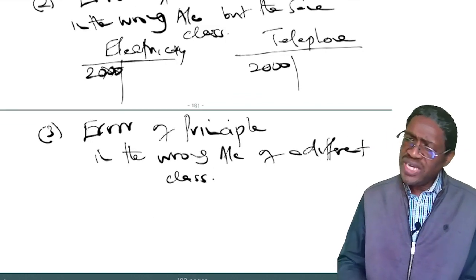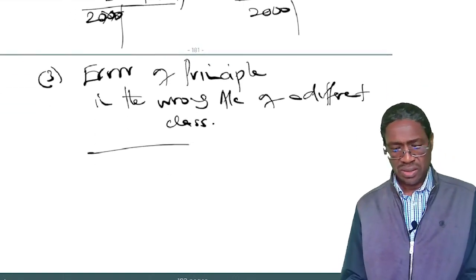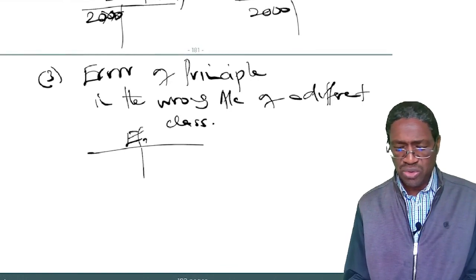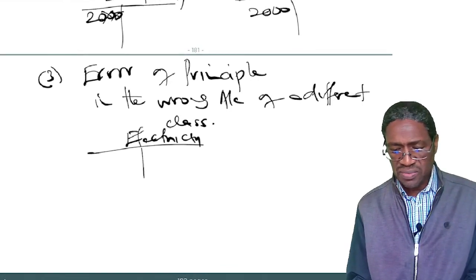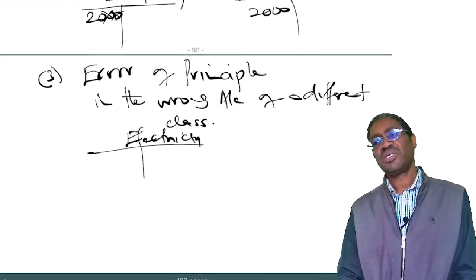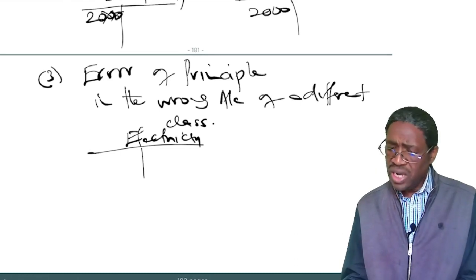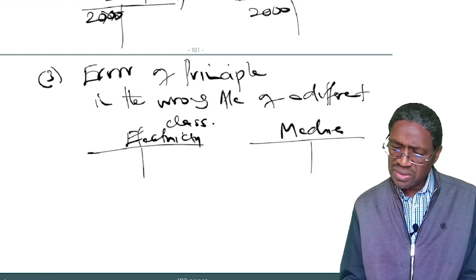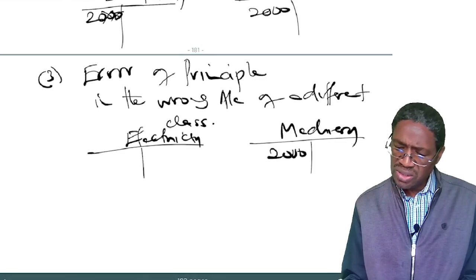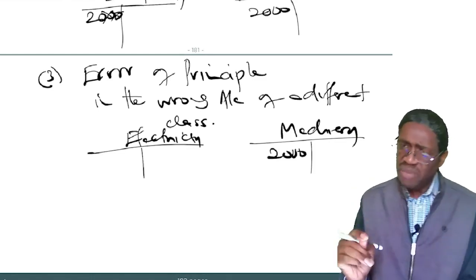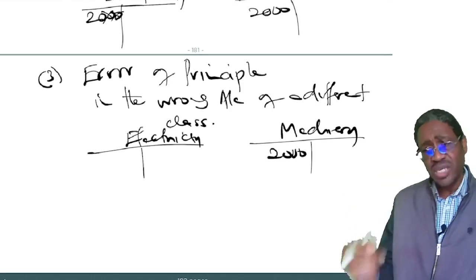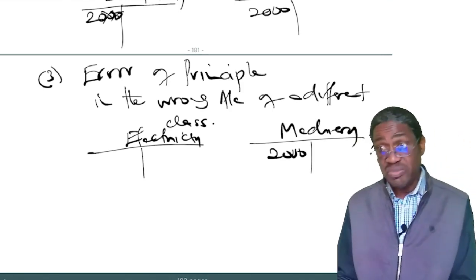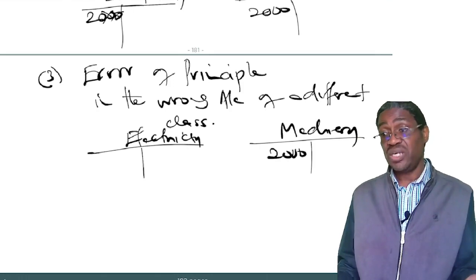When you paid electricity, you are supposed to debit electricity account by 2,000. But now you forgot, and instead of debiting electricity, you debited machinery by 2,000. Will the trial balance still balance?